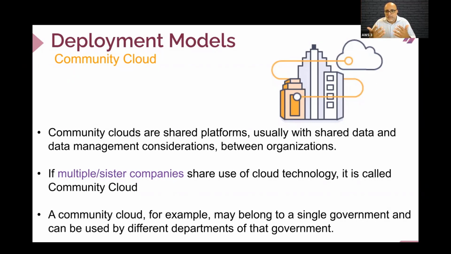So it's a little bit of a loose definition, but let's say, for example, like the slide is talking about, government, right? So if the government said, okay, we're going to set up our own cloud, and Department of Defense is going to use it, and Department of Homeland Security is going to use it, and some other Department of Labor is going to use it, you can think of that as a community cloud, right? The data all belongs to the U.S. government, but different divisions are using that cloud.